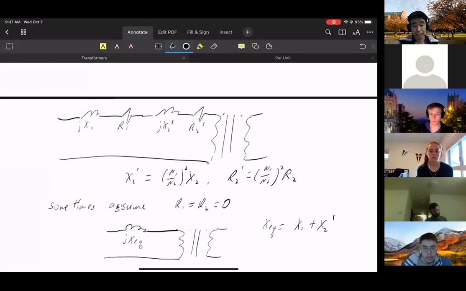If we want a really simple model, we just have an inductor in series in the circuit. Normally we cannot get rid of this inductor.